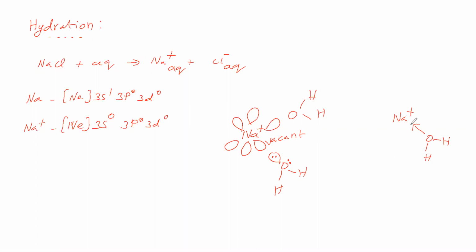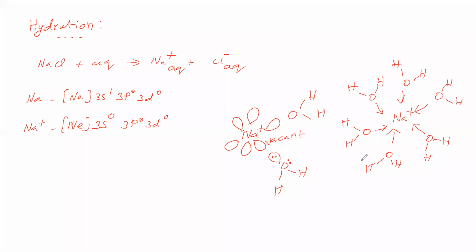Na+ provides 6 vacant orbitals, therefore 6 dative bonds are formed around the Na+ ion like this. The oxygen of water makes a dative bond with Na+.